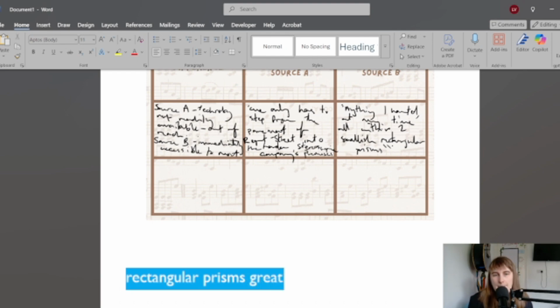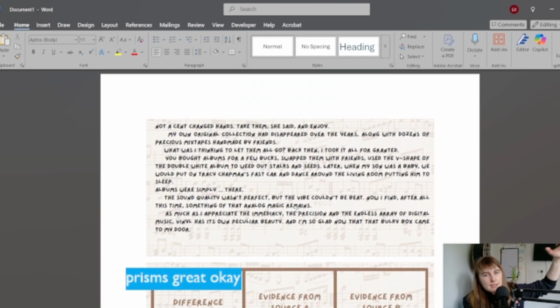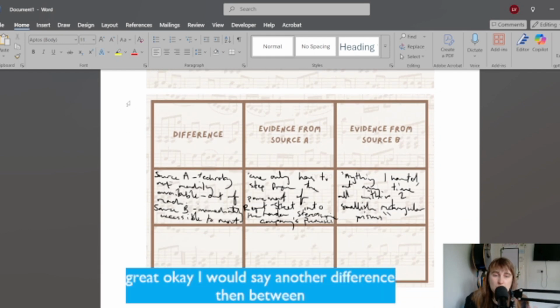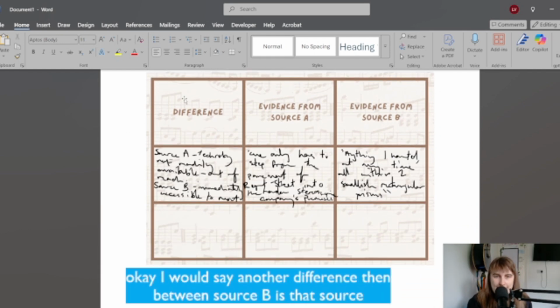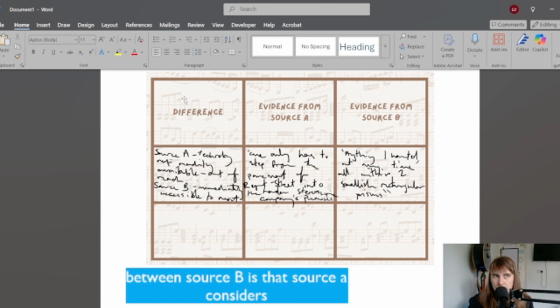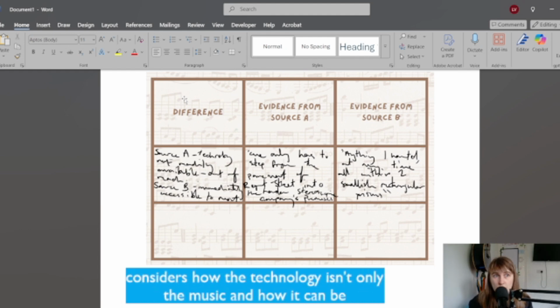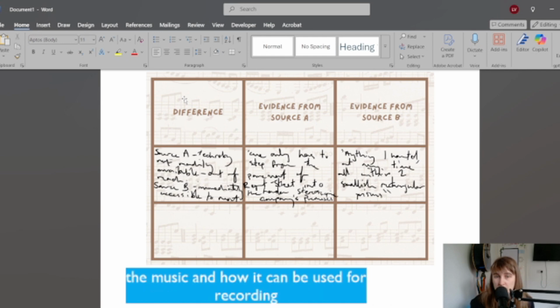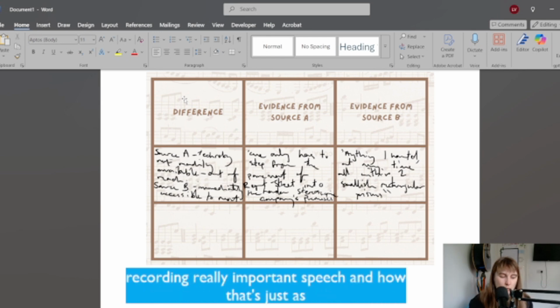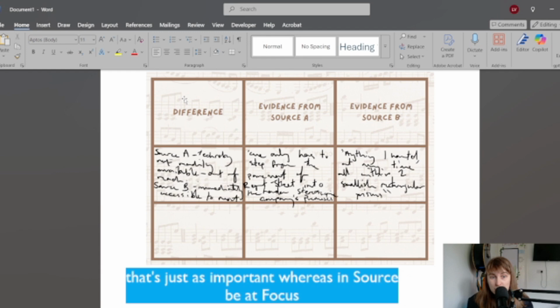Great. Okay. I would say another difference then between source A and source B is that source A considers how the technology isn't only for music and how it can be used for recording really important speech and how that's just as important, whereas in source B it focuses only on the music.